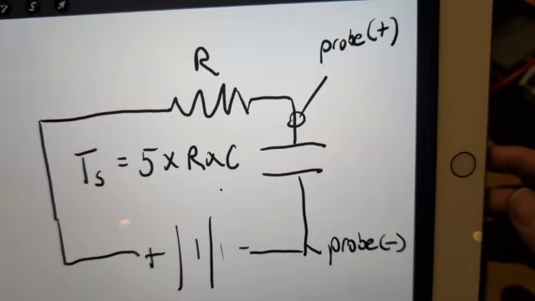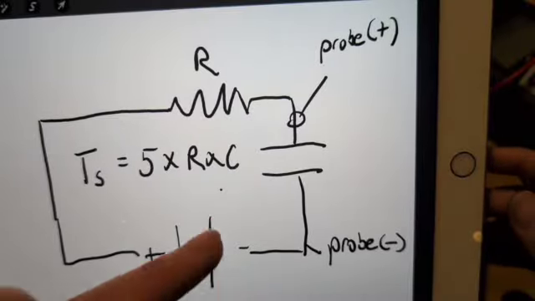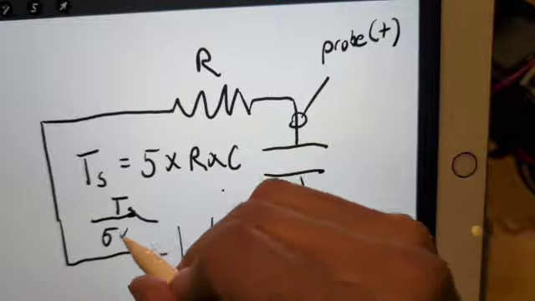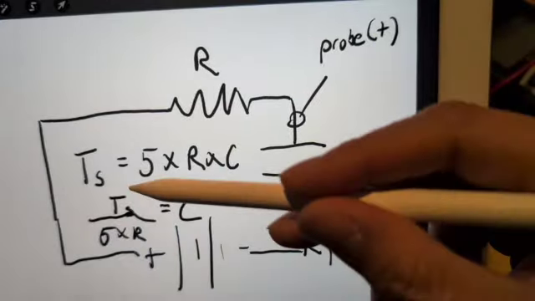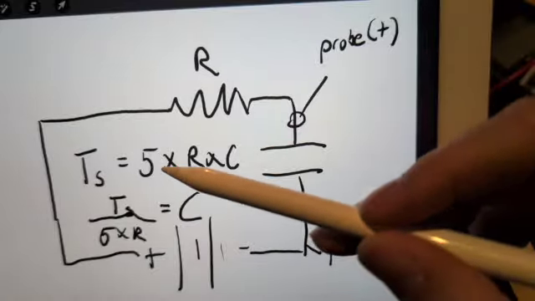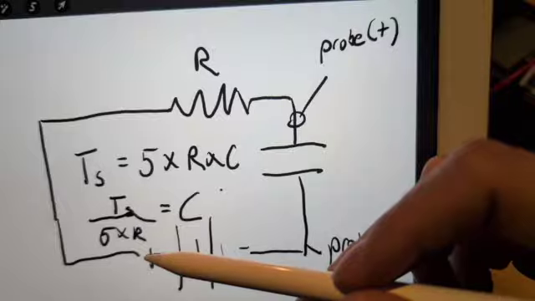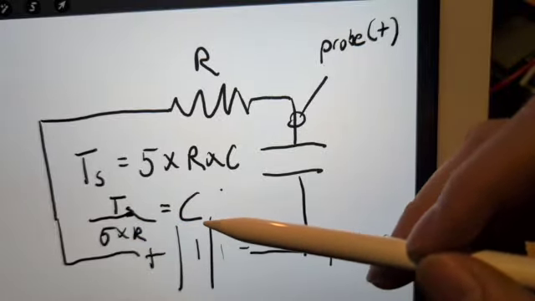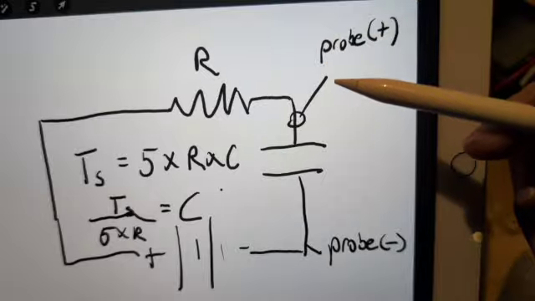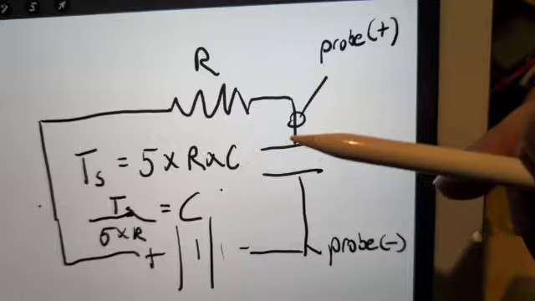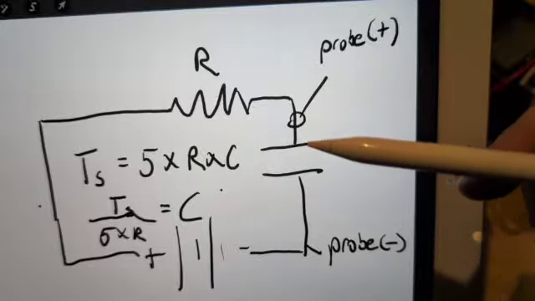So basically, if we rewrite this in a different way, given that we want to find the C like this, just by using basic algebra, we take the 5 times the R and divide both sides by it, we get T divided by 5 times R is equal to capacitance. So what we do is measure the time it takes for the capacitor to reach its full charge.